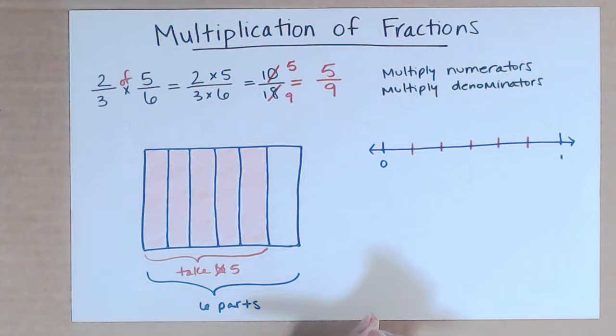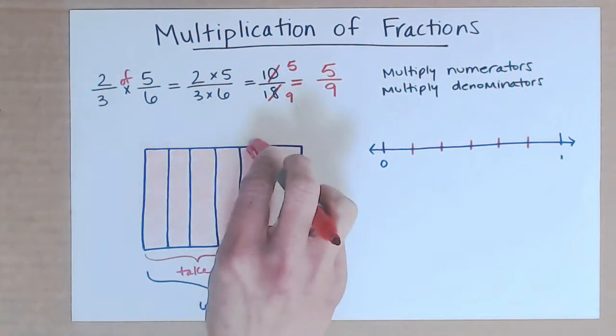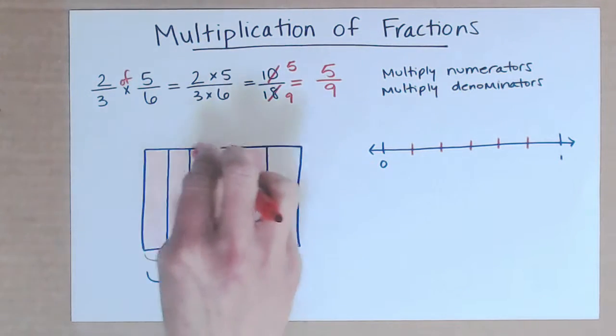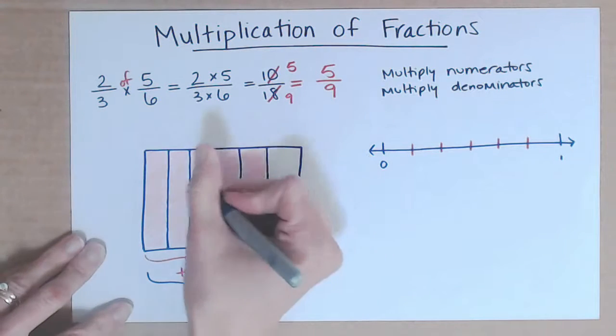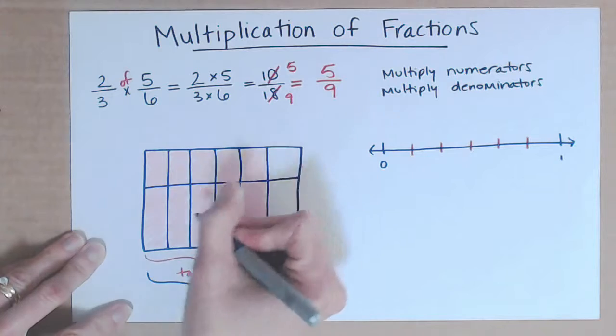Now we want to take 2/3 of this shaded in area, since this is the 5/6. Since 5 is not divisible by 3, it's not easy to take thirds of it, so we are going to divide this way into thirds.